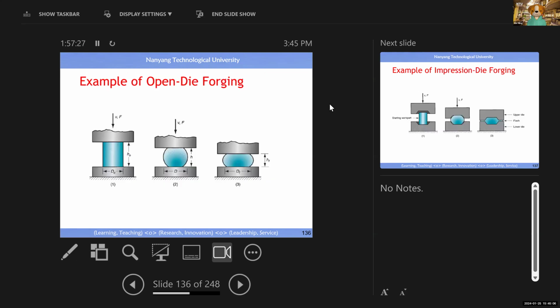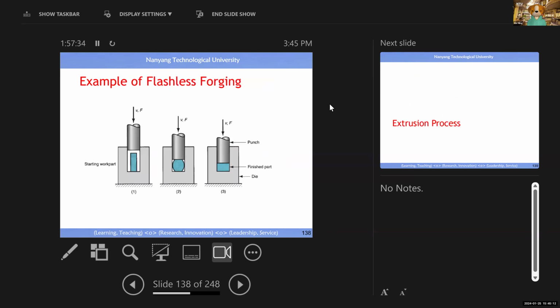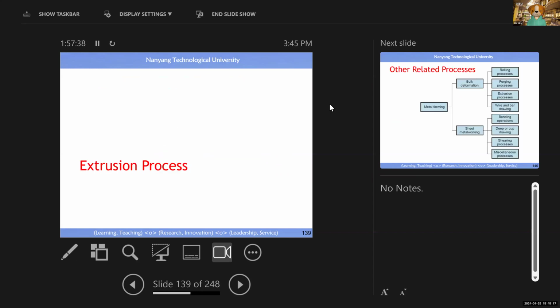So that is the illustration for you to understand what is open die forging, impression die forging, and flashless forging, etc. These are some specific processes related to forging.